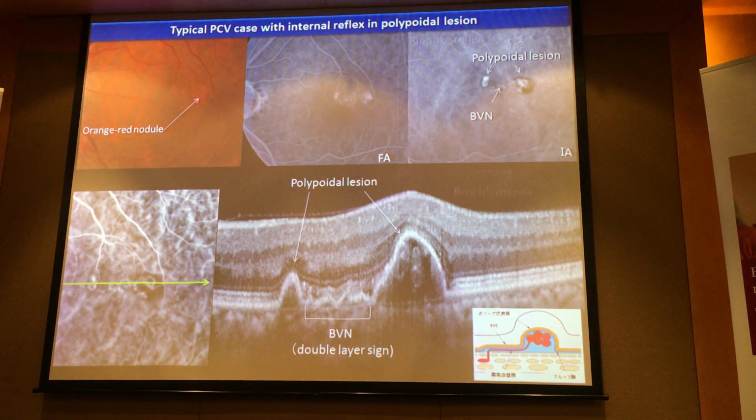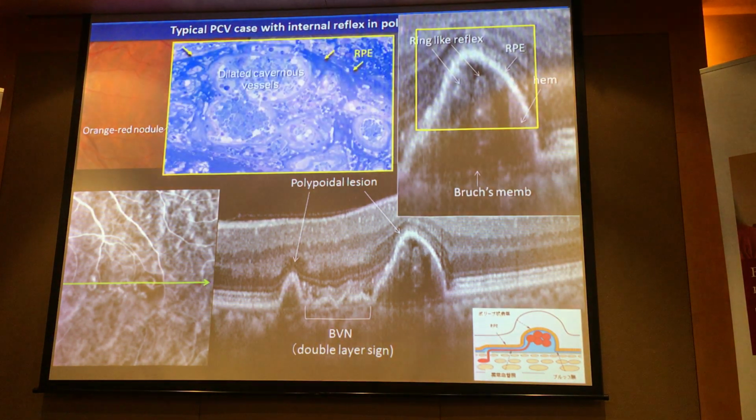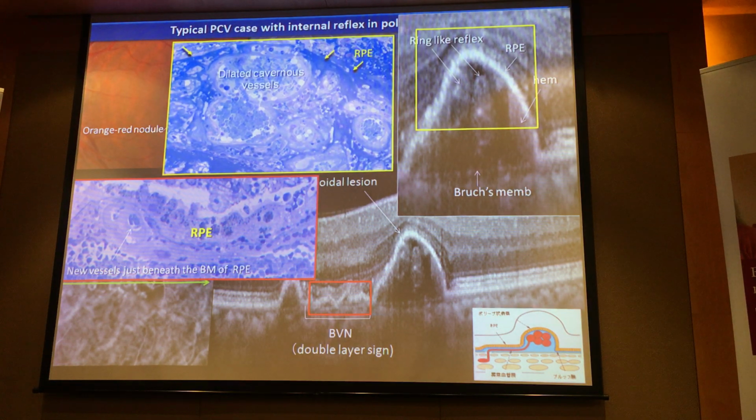And also this OCT shows such a group of vessels present under the RPE. And in the BVN part, you could see the double layer sign, which is appreciated in these tissue findings.